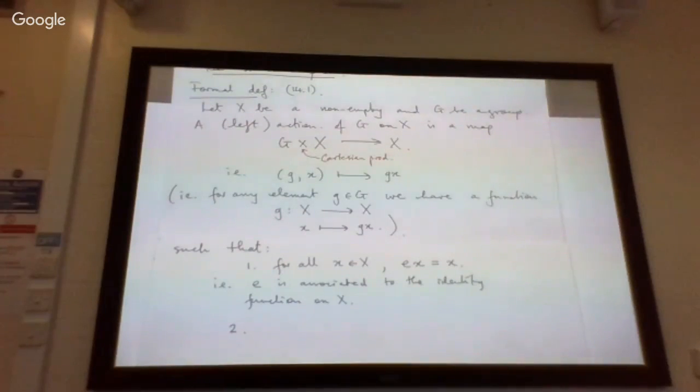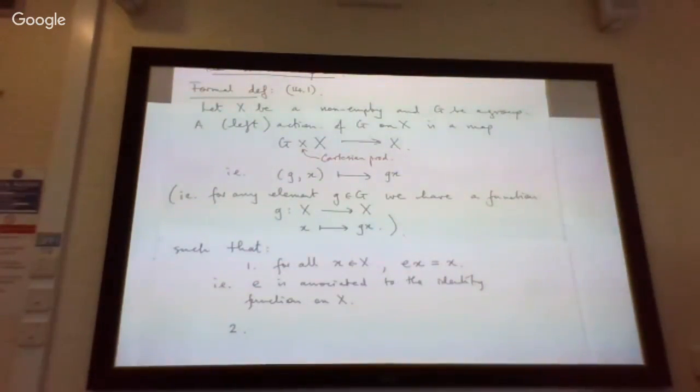So these objects here aren't so much the group elements, but these objects here are the functions X to X. So considering these things as functions from X to X, we're saying that this function associated to G1 G2 has to be the composition of these two. Again, we're just talking about these things in abstract at the moment. It'll maybe become a bit more clear and concrete when we start looking at specific examples.